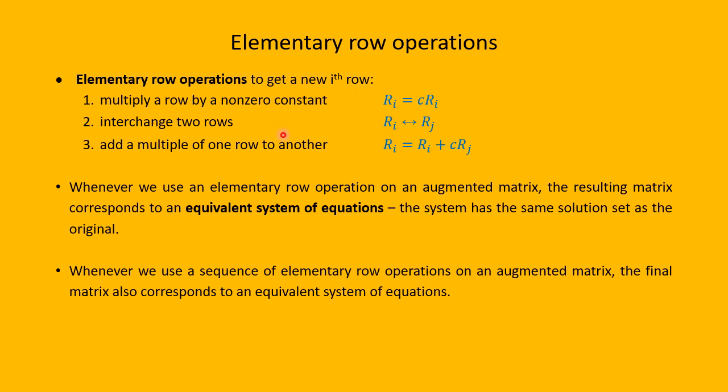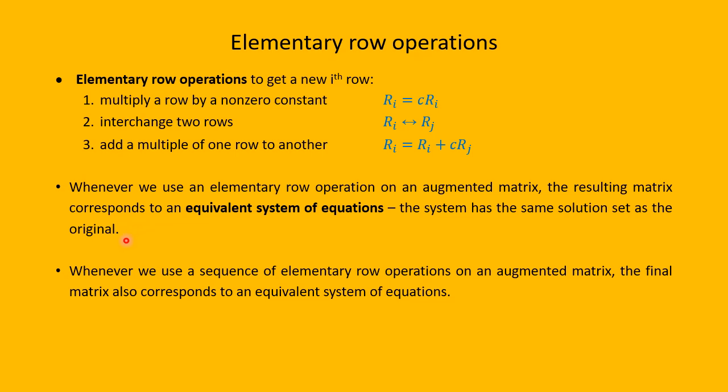So these are the three elementary row operations. Whenever we use elementary row operations on an augmented matrix, the resulting matrix corresponds to an equivalent system of equations. That system has the same solution set as the original system of equations.